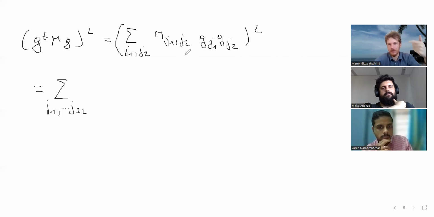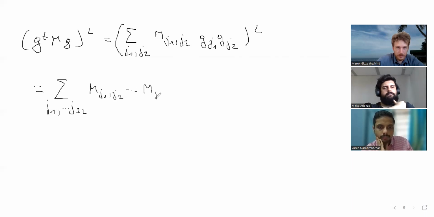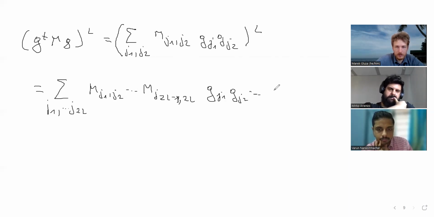Because if I have L powers, then I need to double the indices. So I have M_{j1,j2}, all the way until M_{j_{2L-1},j_{2L}}, G_{j1} G_{j2}, until G_{j_{2L}}. That's the Lth power, just multiplied out.